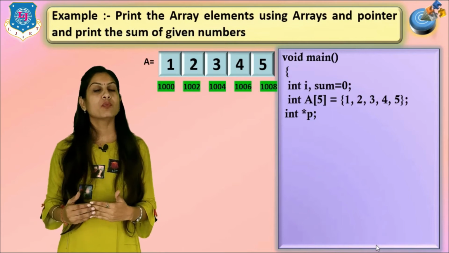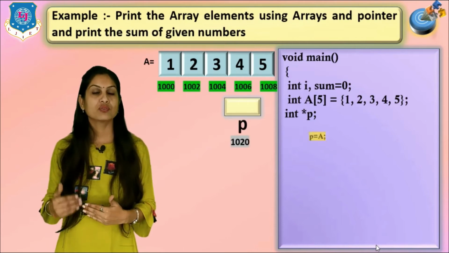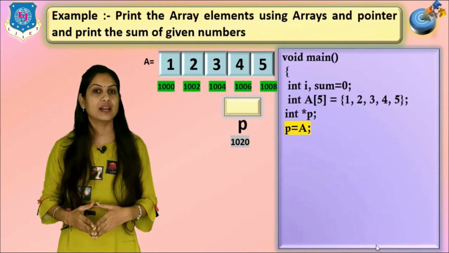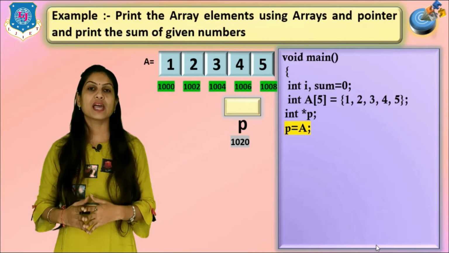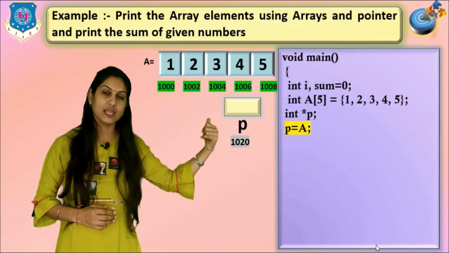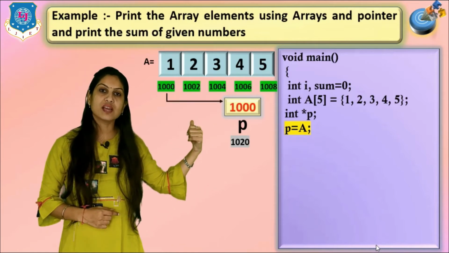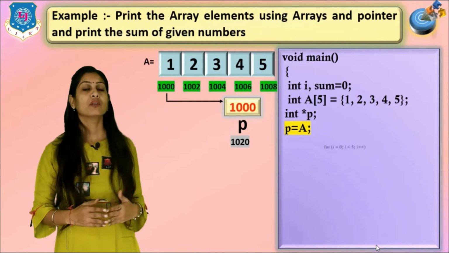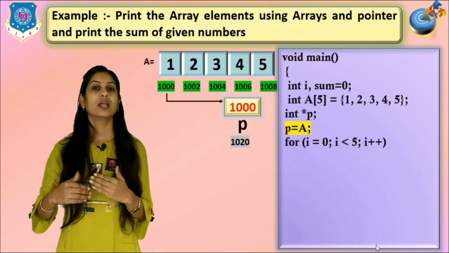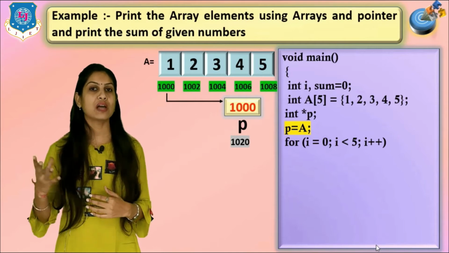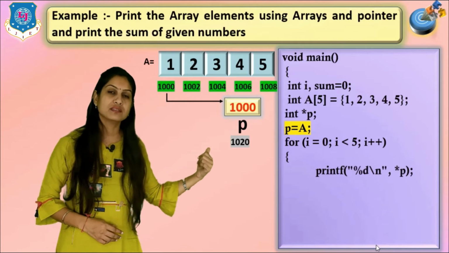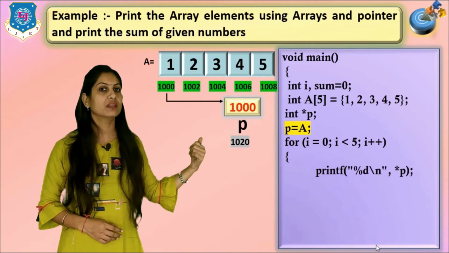Now this pointer points to first element, so we can write p equals a or p equals address of a of 0. Here I am using p equals a, means our pointer has the first address, that is 1000. Clear? Then we have to use the for loop for the number of elements, that is 5 different elements, and for that I always start with 0 index because array starts with 0.